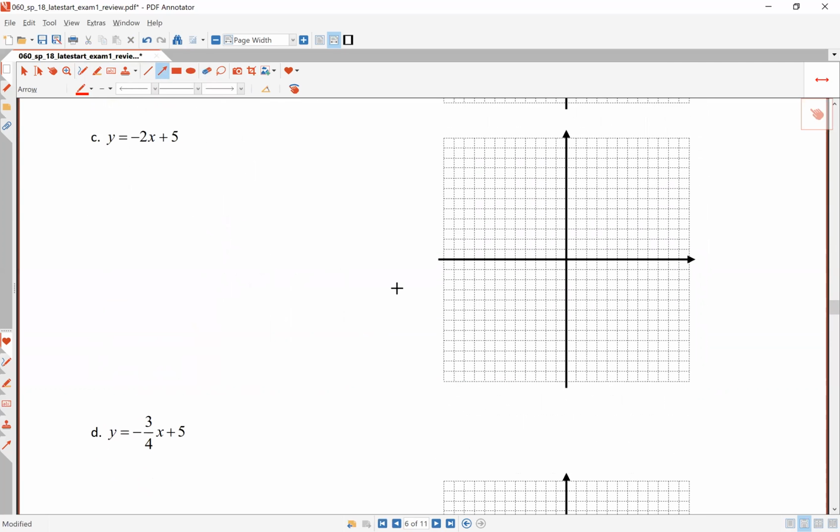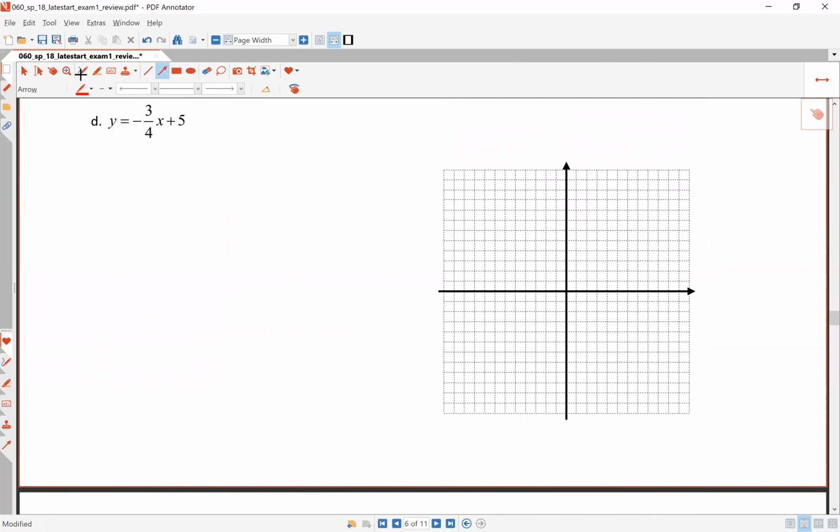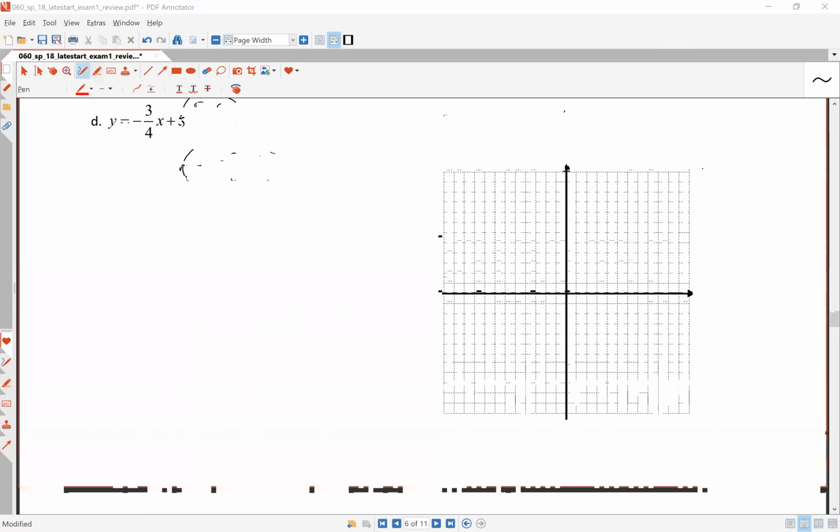If the line is already given to us in slope-intercept form, like letter D, well, then we're ready to go. Starting point is (0, 5). And this time the slope is negative 3 over 4, or rise negative 3 and run 4. So we rise negative 3, or go down 1, 2, 3, and run 1, 2, 3, 4. And I go down another 1, 2, 3 and over 1, 2, 3, 4.